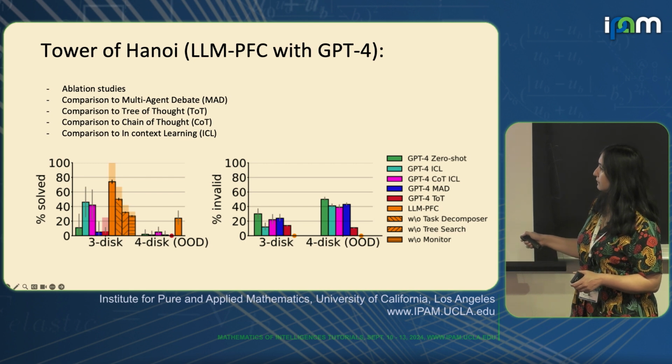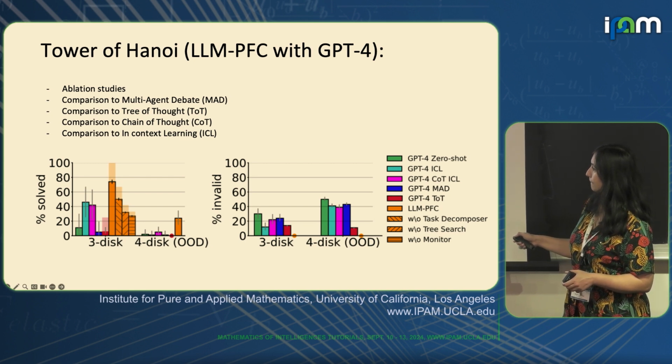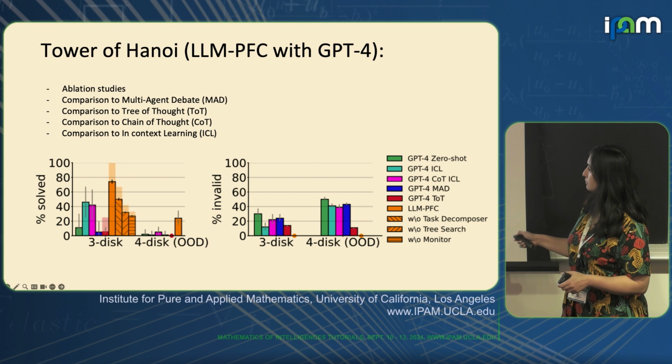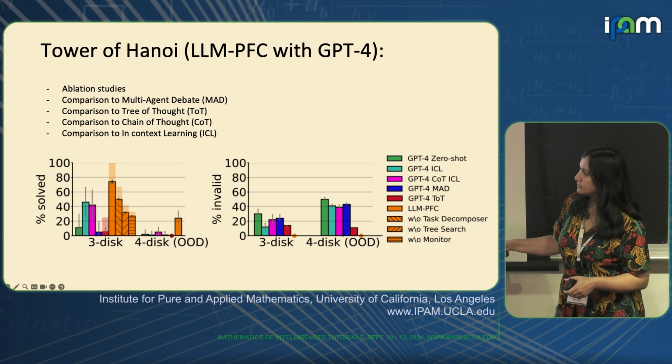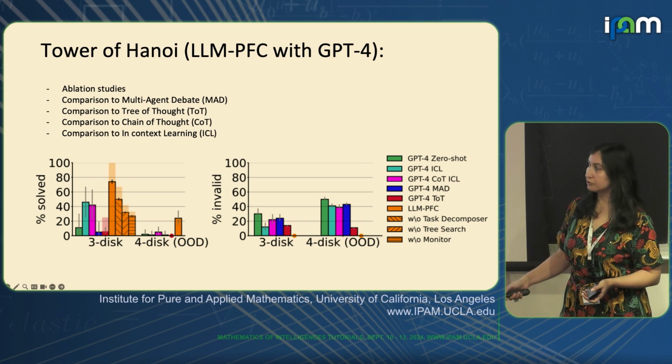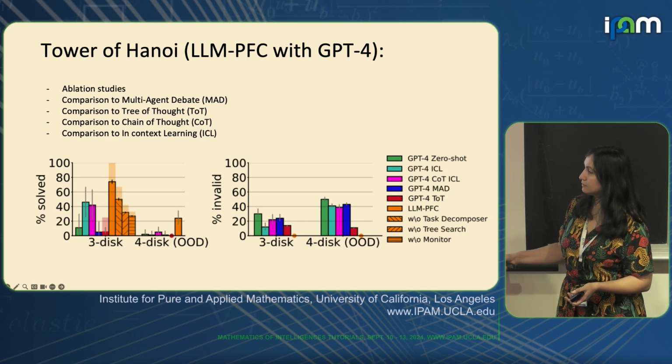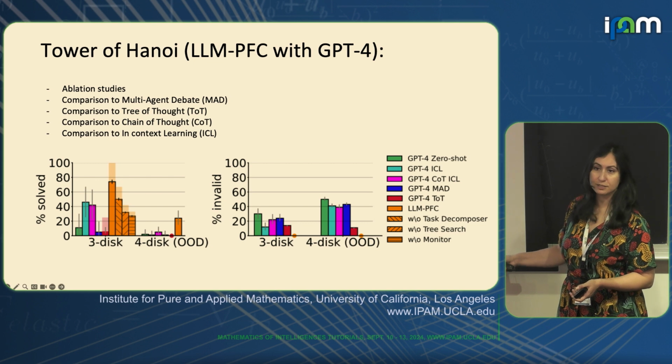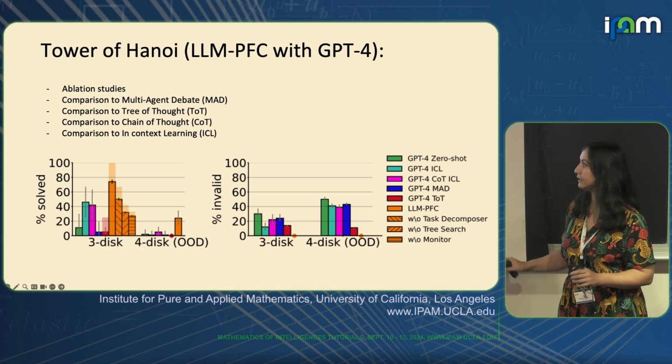And then also comparing it to the ablations that I showed you. So as you can see here, among all of them, LLM-PFC really outperforms. Even when you ablate it, it does better than some of the other approaches. So even with a lesion, it does better. So it's kind of a smart guy.